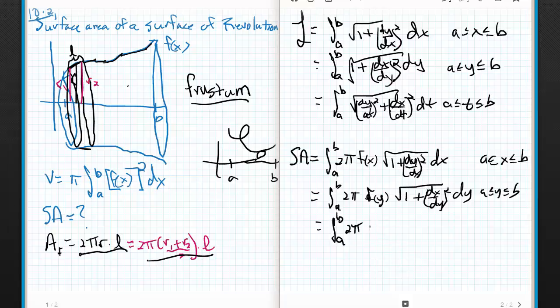But all I'm going to do is y of t, because that's the vertical distance between the x-axis and the parametric equation. If I were going around the y-axis, then what would it be? Well, you can think about that. It's super simple to deal with. So this is times the square root of (dy/dt) squared plus (dx/dt) squared, dt, and this is for t between a and b.